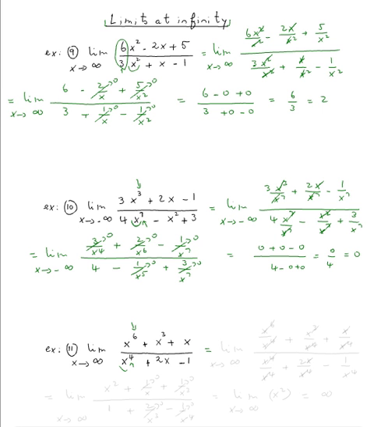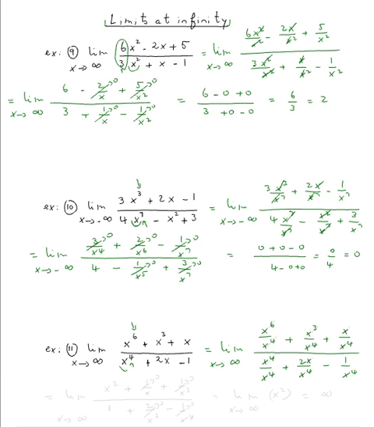So this is equal to the limit of x to the 6th over x to the 4th plus x cubed over x to the 4th plus x over x to the 4th, everything divided by x to the 4th over x to the 4th plus 2x over x to the 4th minus 1 over x to the 4th as x approaches infinity.